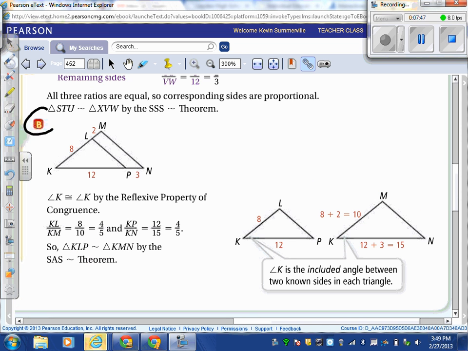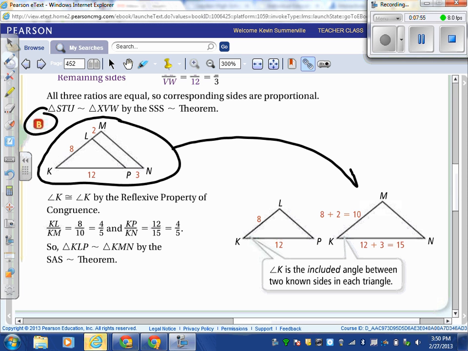Example B, they're taking this picture and separating it into two separate triangles. Trying to show, are these two triangles similar? Again, you need to set them up in a proportion. What sides are the same?